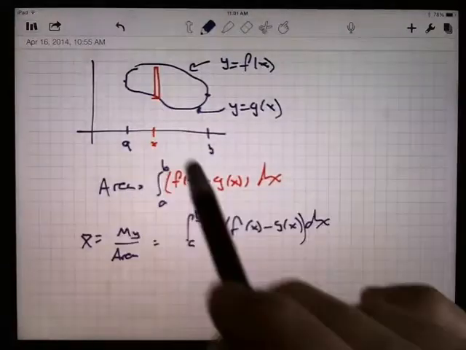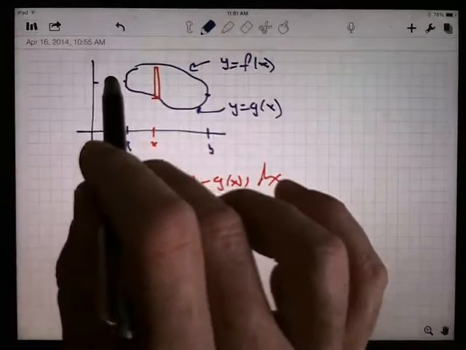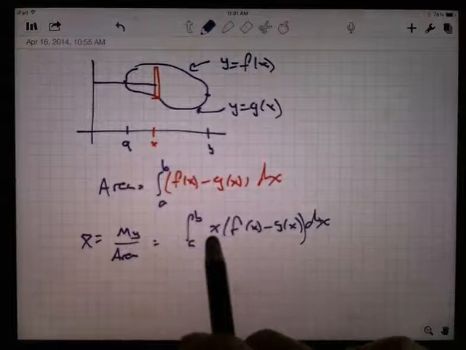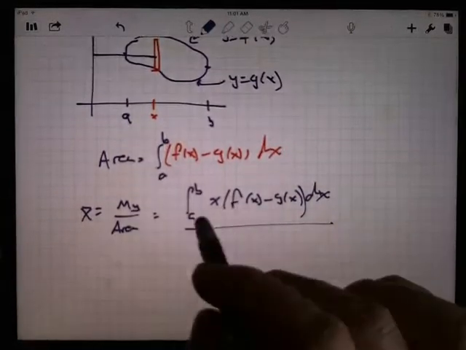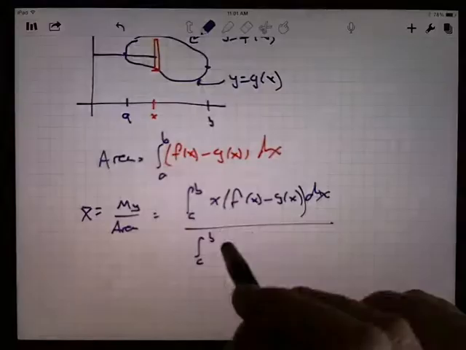You're saying f of x minus g of x is the area, and then you multiply by how far from the y-axis you are. So that area times x, and then you divide the whole thing by the area, which is just this integral from a to b of f of x minus g of x.